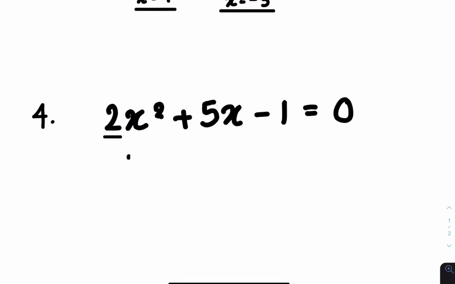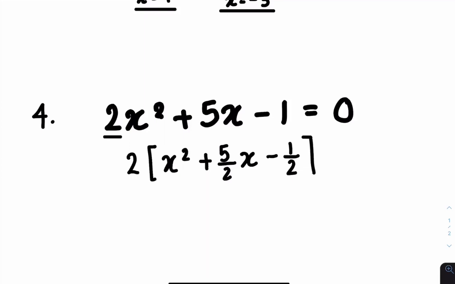So we will have 2, then open the square bracket and you'll have x squared plus 5 over 2x, which is just 2.5. I personally prefer working with fractions, but if you prefer decimals, then please feel free to do so. And then we have minus 1 over 2, which is a half, which again you can write in decimals. And then continue as normal.